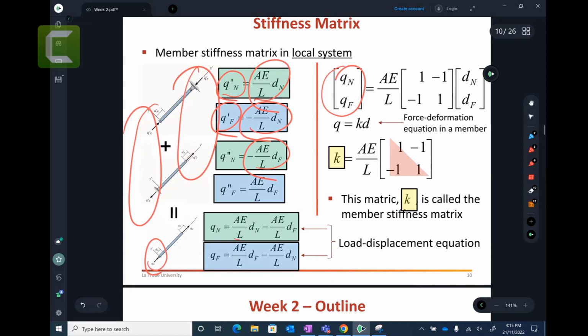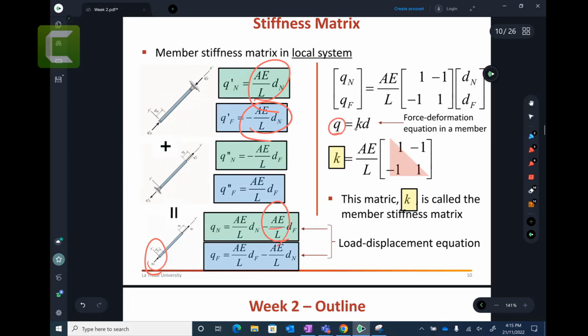Force equals AE over L common, 1 minus 1, minus 1 1, times dn. So this one is called the stiffness matrix. This is the force-displacement relation, Q equal to stiffness times D. Okay, again, you don't need to remember that. Just keep the relationship, Q equal to KD.